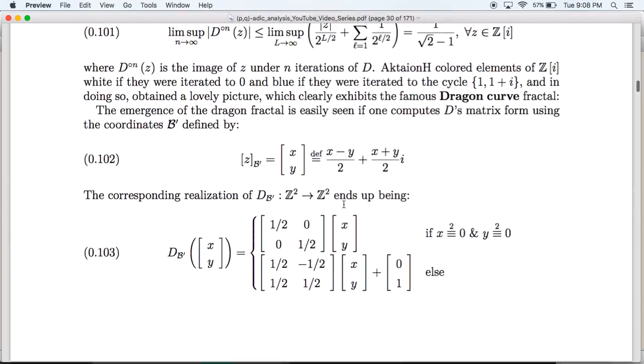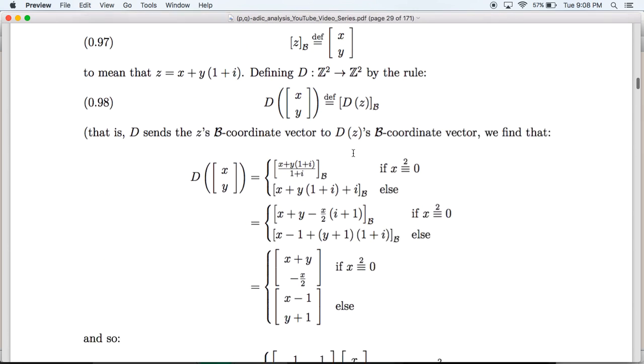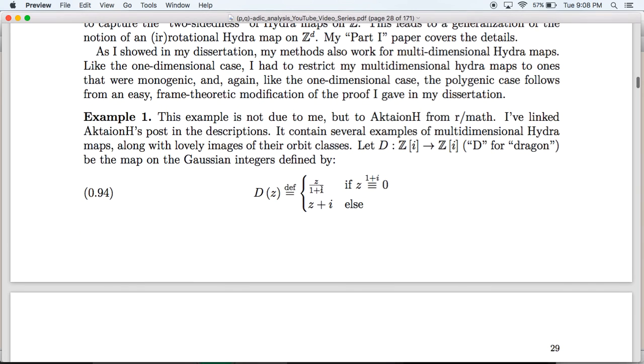Also, this map here is somewhat degenerate in that this part is contracting, but this part is neither contracting nor expanding. It's the translation map, which is why this map's behavior is much easier to study. The other maps that Actaeon H featured, they all are defined on rings of cyclotomic integers.